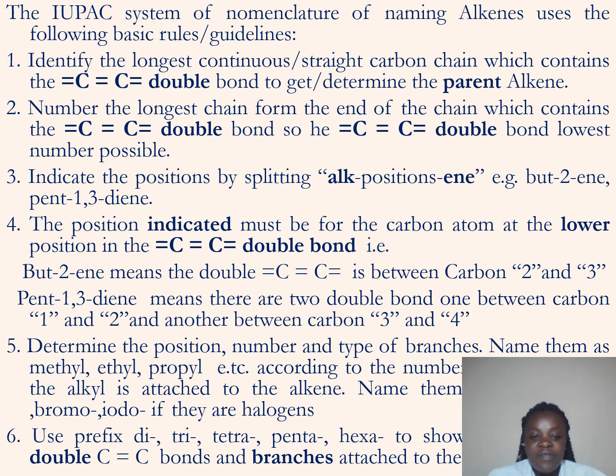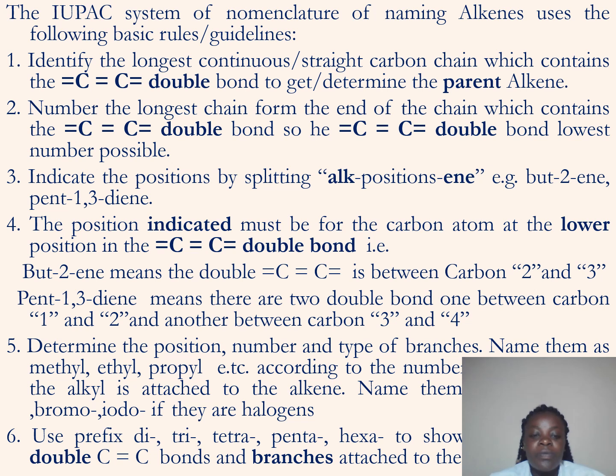The rule number 5 is to determine the position, the number, and the type of the branch. Just like what we said in alkanes, you have to check for the substituent groups, or what we call the branches. We can have either the halogens or the what? The alkyl groups. Just as we give these names in alkanes, the same way we give to alkenes. So for the alkyl groups, we have methyl, ethyl, propyl, butyl, and so on.